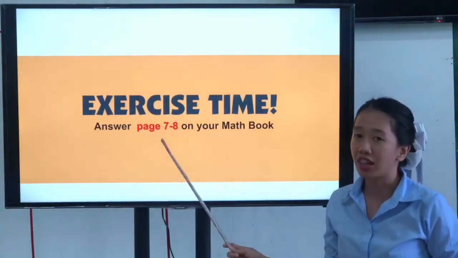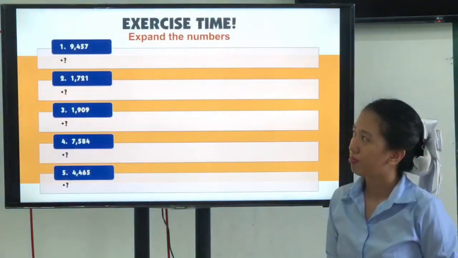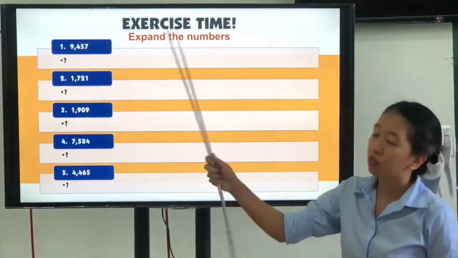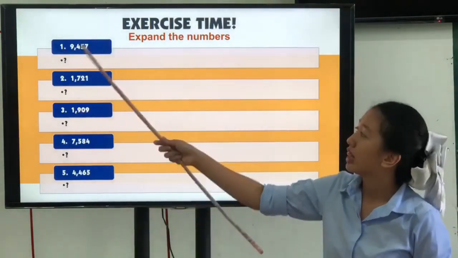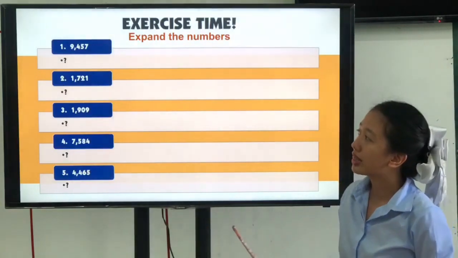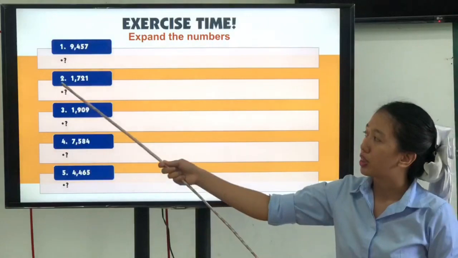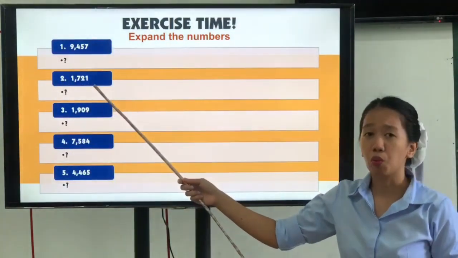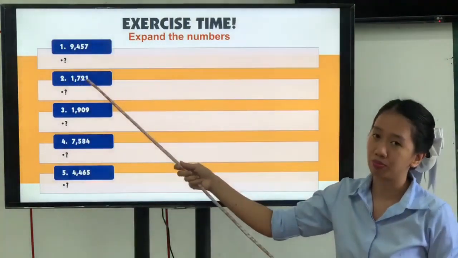So let's have your exercise time. Answer pages 7 to 8 in your math book. First exercise, we have 5 numbers for you to expand. Number 1, we have 9, 4, 5, 7 or 9,457. Number 2, we have 1, 7, 2, 1 or 1,721.